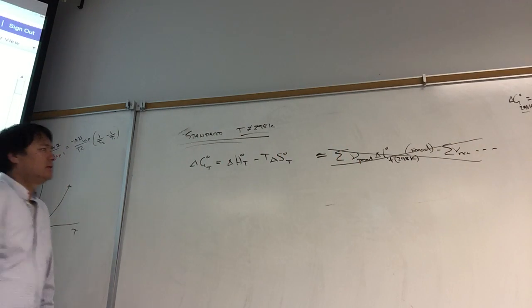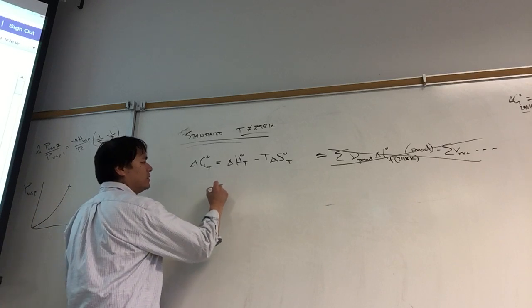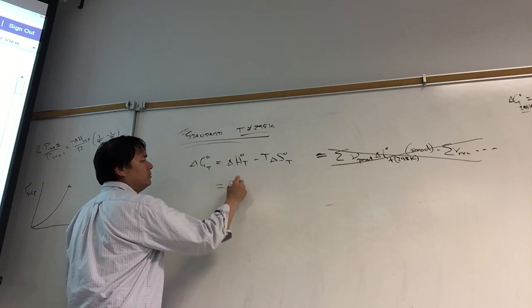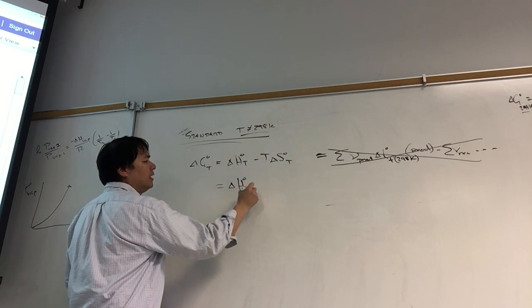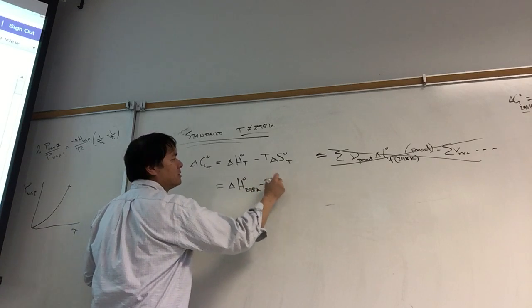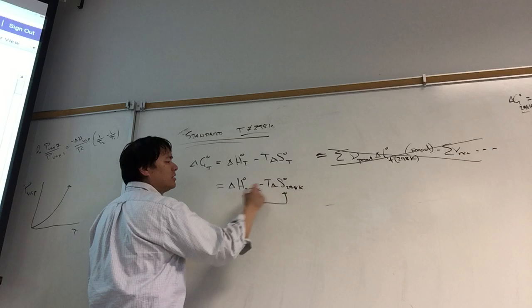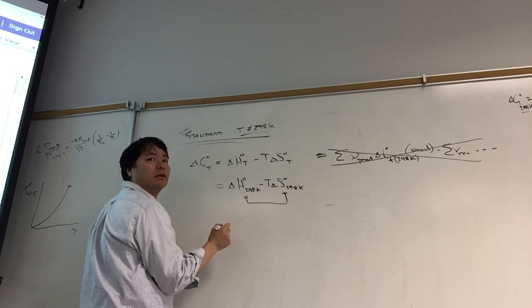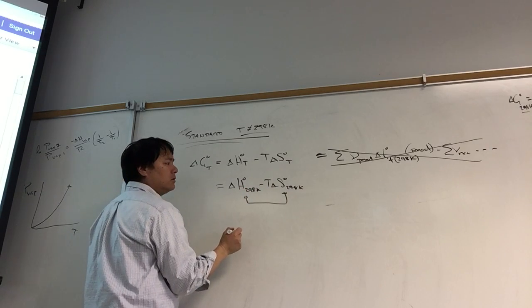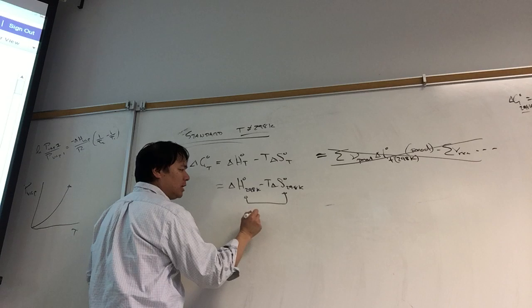And so what we need is this, but what we could say is this. We could say that it's going to be roughly equal to delta H naught at 298 Kelvin minus T delta S naught at 298 Kelvin because delta H and delta S do not change much with temperature, right? And so not much change as long as the phase is okay.